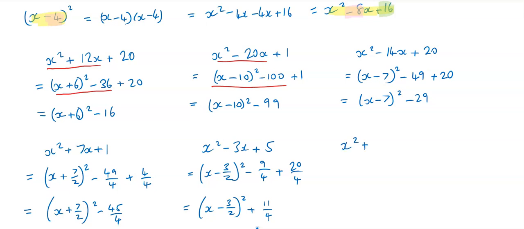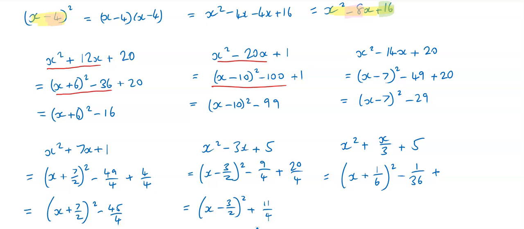And we can even do this if we have a fraction. I'll write this deliberately in a way that people don't like. Now, if we have x/3, that is the same as a third of x. So if we take a third and we halve it, that gives us (1/6)^2, minus 1/36, plus 5.